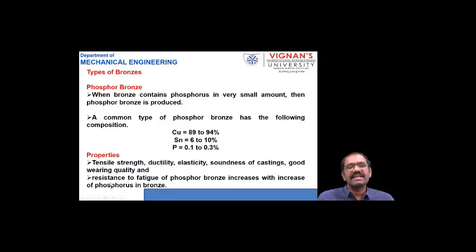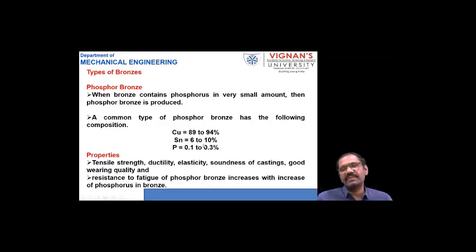Next, it has good resistance to fatigue. Resistance to fatigue increases with increase of phosphorus in the bronze. So when the amount of phosphorus increases from 0.1 to 0.3, its resistance to fatigue is increased.